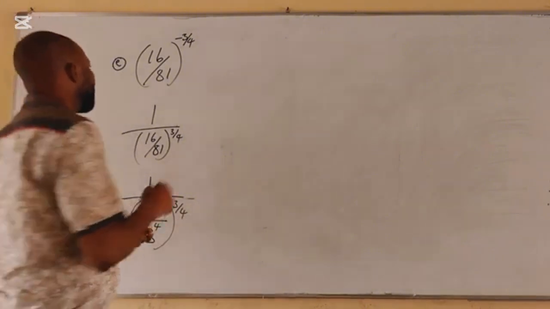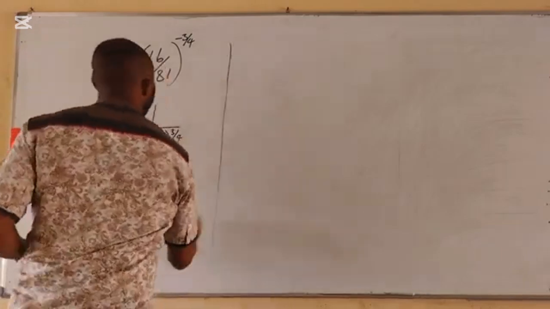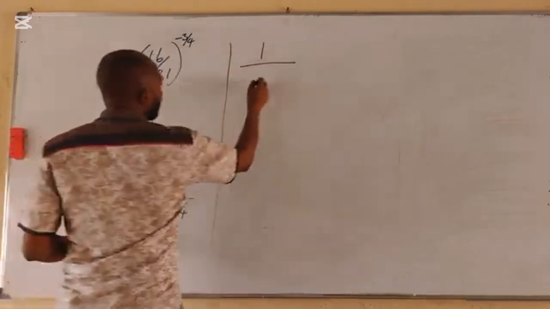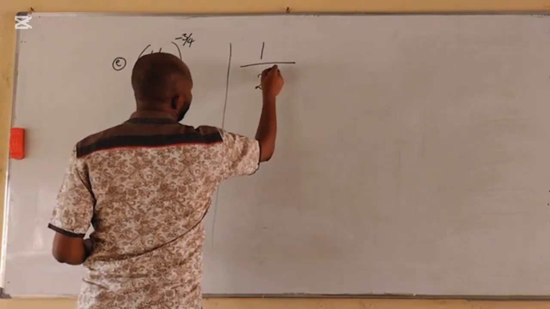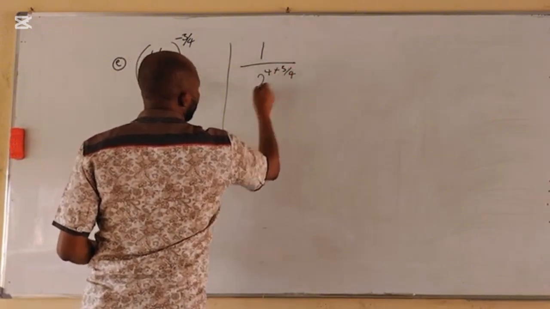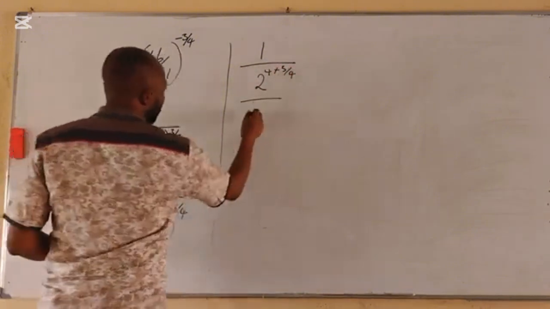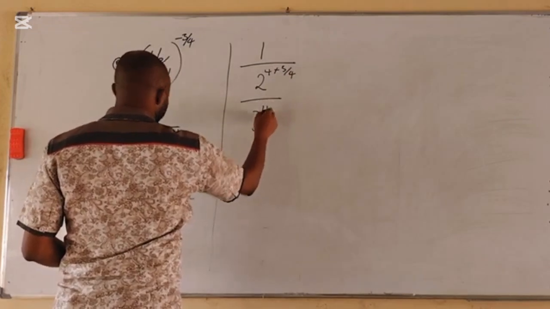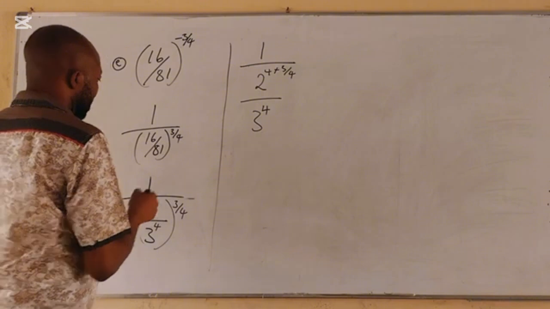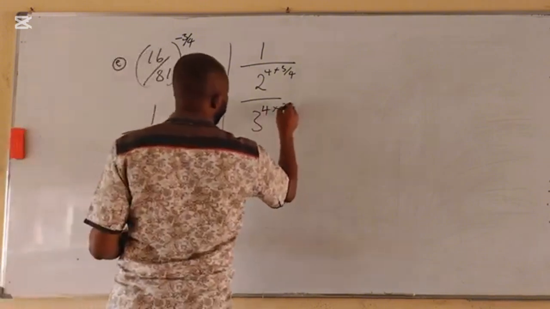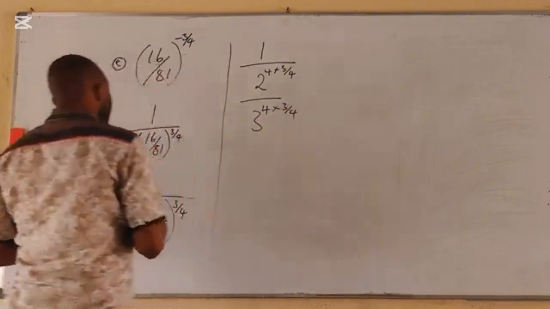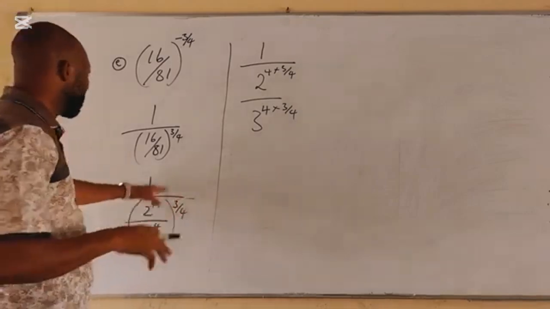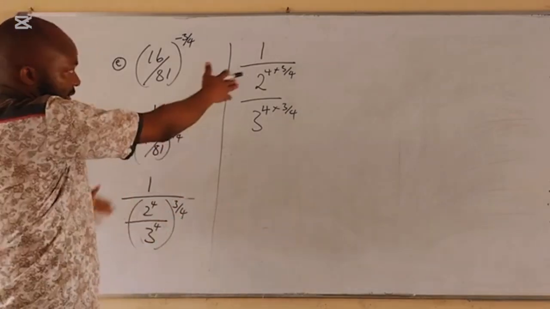So if this is true, let's move on. This is 1 over 2 raised to the power 4 times 3 over 4 over 3 raised to the power 4 times 3 over 4. I think I jumped a step here because I was supposed to first introduce them individually before I expatiate it.